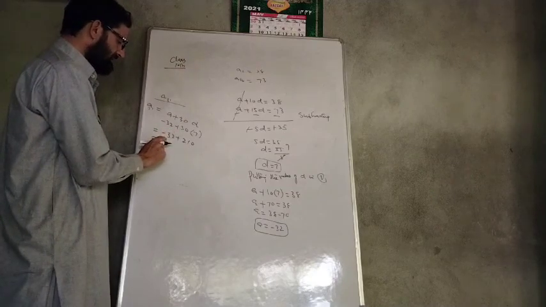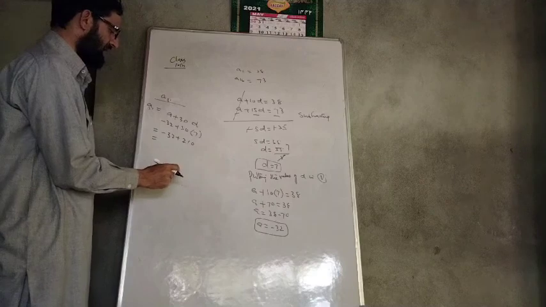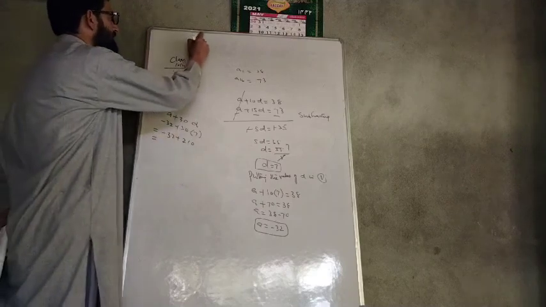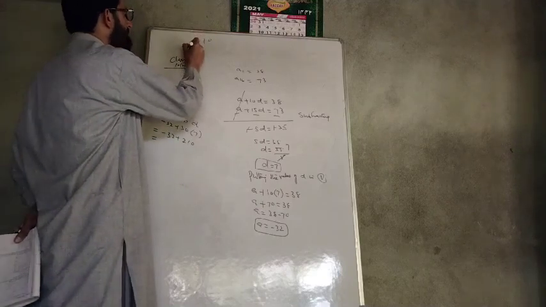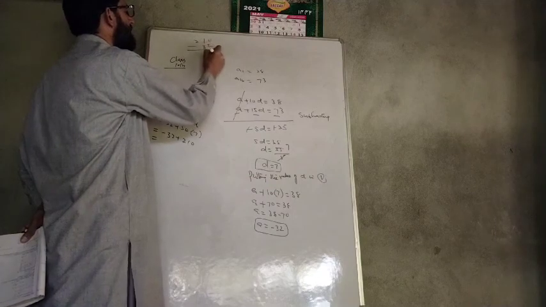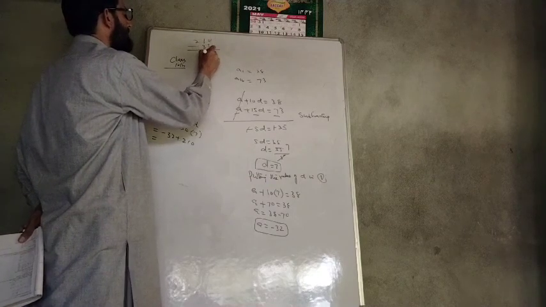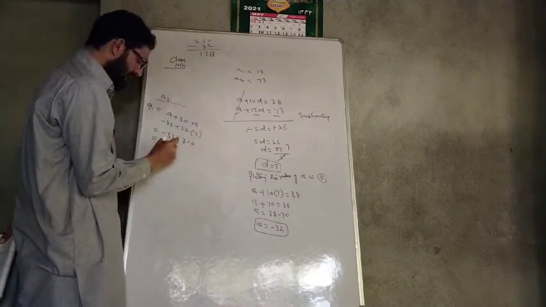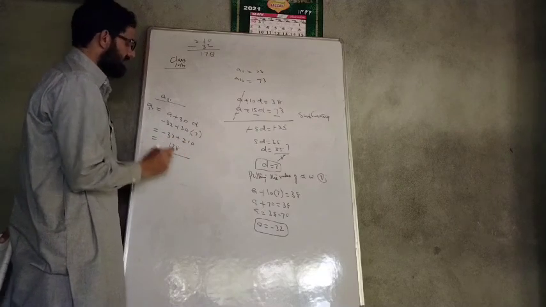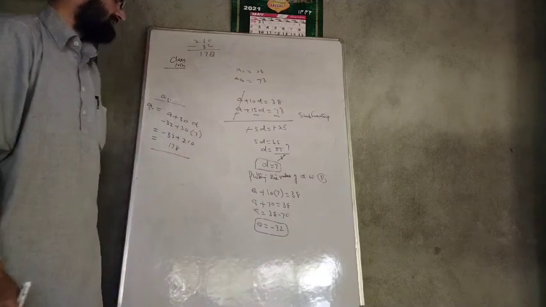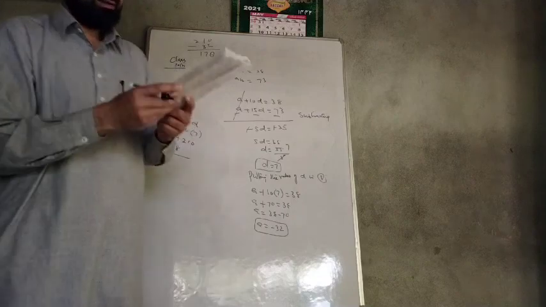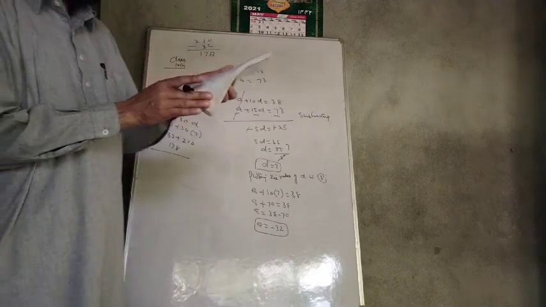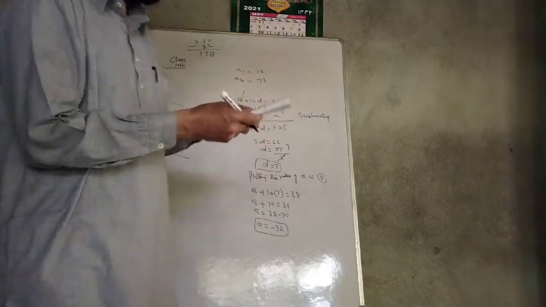Now subtracting 32 out of this 210, we are left with 178. The 31st term is therefore 178. Similarly, you can also solve all these questions.